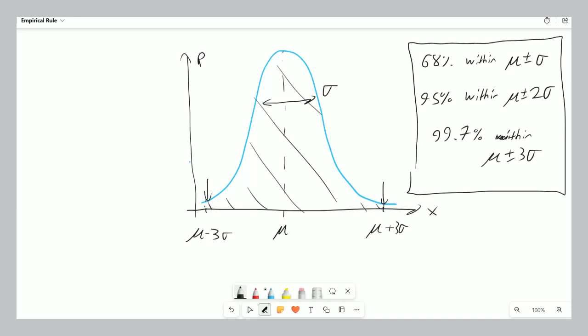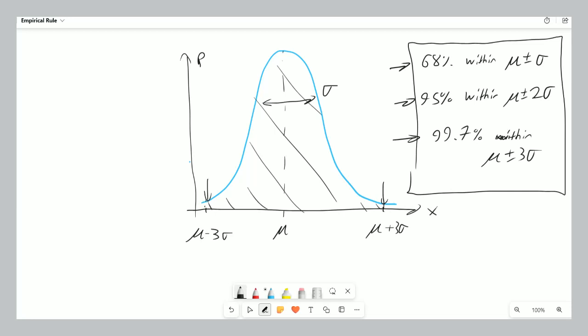So if you're looking at a random variable that follows the normal distribution, and the normal distribution is so common in nature that in many situations it's considered okay to just assume that your random variable follows it, then if you know the mean value and the standard deviation, you can expect that 68% of the data, or of the reality based on your data, will be within 1 standard deviation of the mean, 95% will be within 2 standard deviations, and 99.7%, pretty much all of it, will be within 3 standard deviations of the mean value.